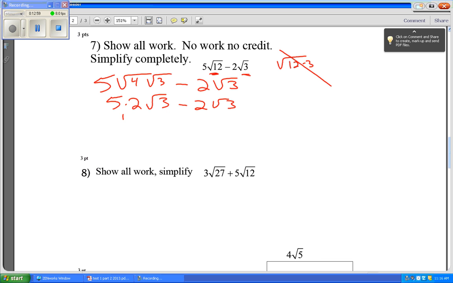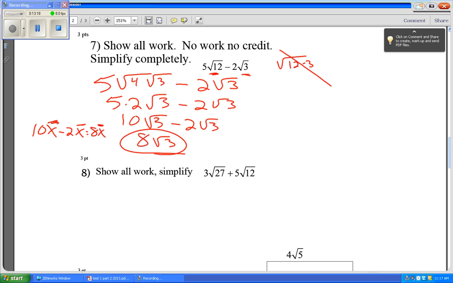Okay, 5 times 2 is 10 square root of 3 minus 2 square root of 3. Now remember, it's just like 10x minus 2x is 8x. X represents any number at all, so this is 8 square root of 3. The square root of 3's do not go away. Make sure you ask questions.